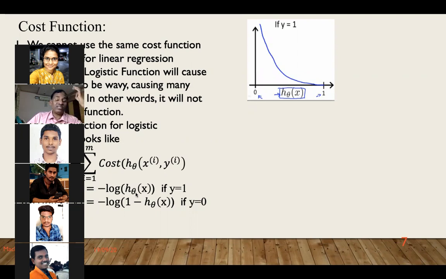H theta x should be 1. Log of a power b is b log a. Yes, sir. So you can write minus 1, so h theta x power minus 1, 1 by h theta x you can write. So 1 by h theta x will become 0 provided h theta x becomes infinity. So whenever you get h theta x infinity, you will get 1. So that is what they're writing here.